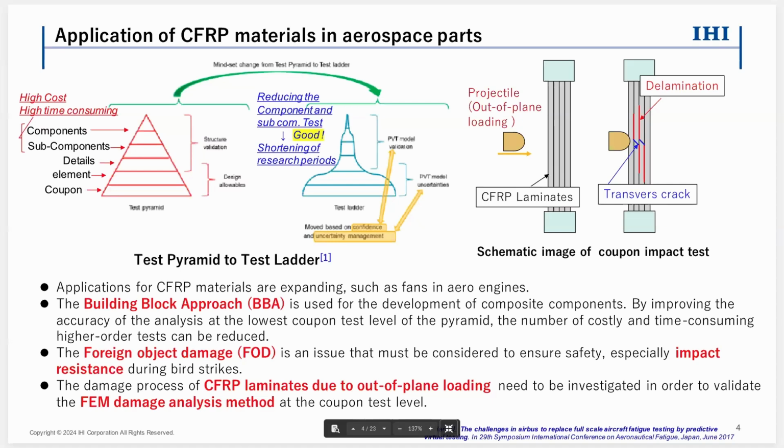The projectile attacks the CFRP laminates in the out-of-plane direction. Damage is observed inside the CFRP test specimen, such as transverse cracks and delamination. The damage process of CFRP laminates due to out-of-plane loadings needs to be investigated to validate the FEM damage analysis method at the coupon test level.